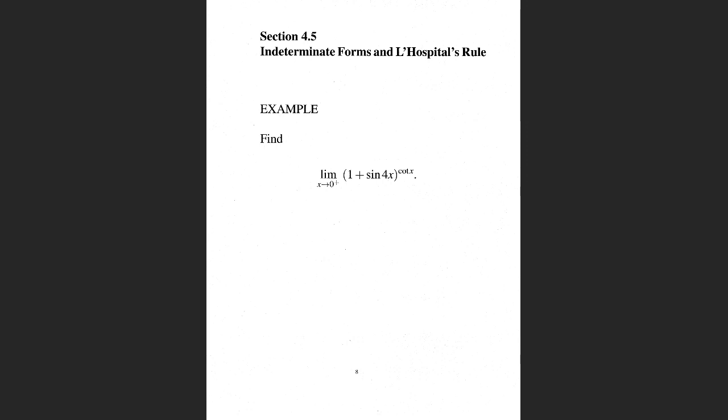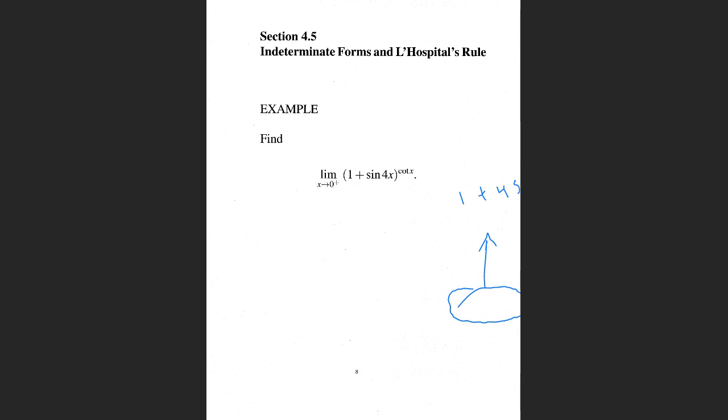All right, so here, let's remind ourselves as x goes to 0, 1 plus the sine of 4x is going to approach 1 plus the sine of 4 times 0. That's just going to equal 1.